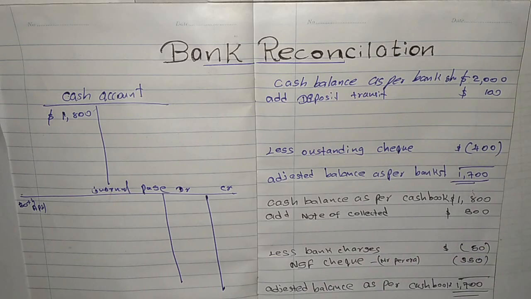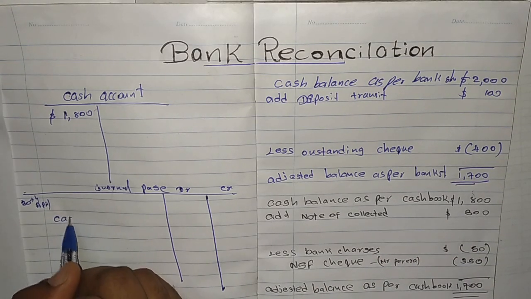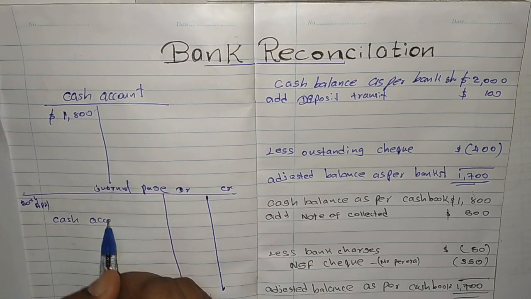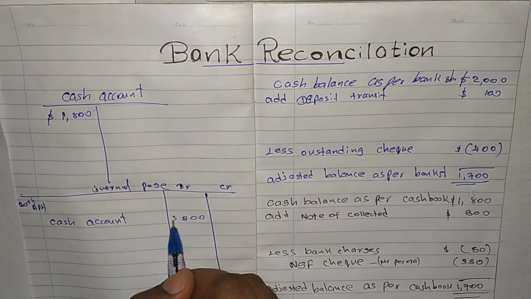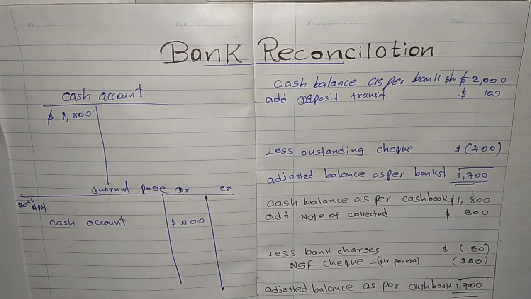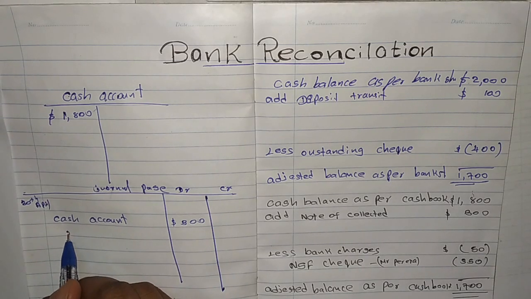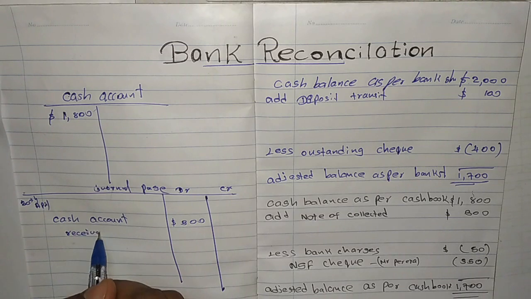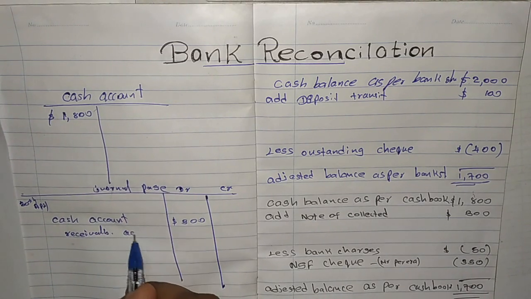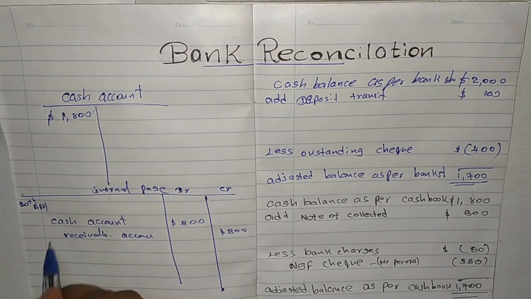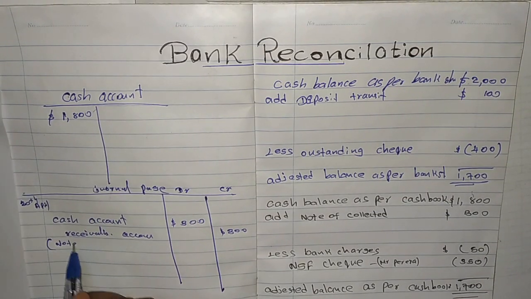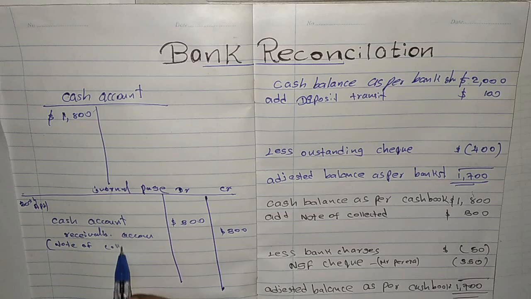So we are going to debit the cash account $300. We are going to credit the notes receivable account $300, note collected.